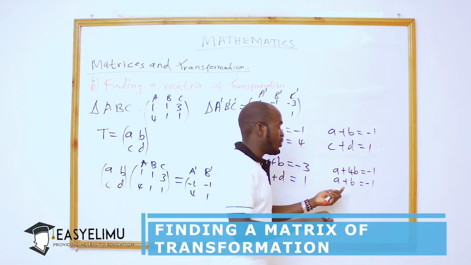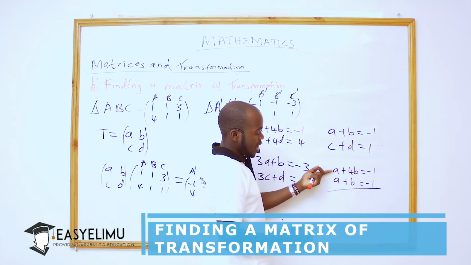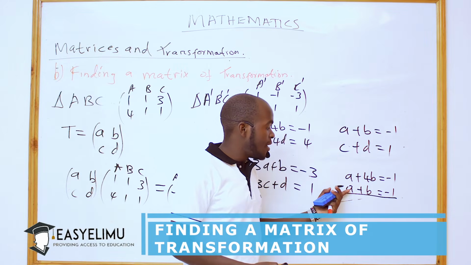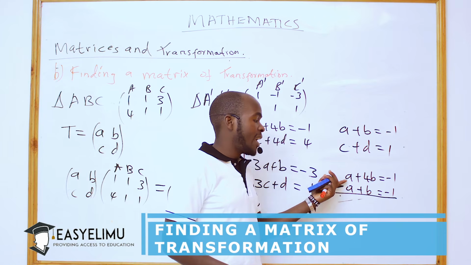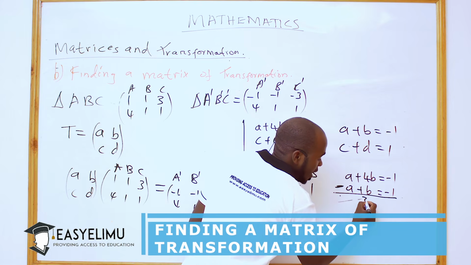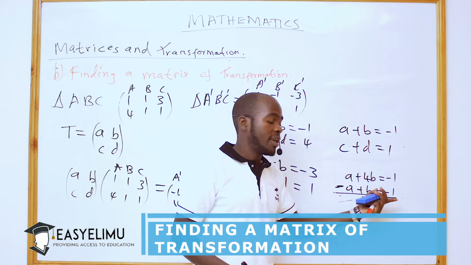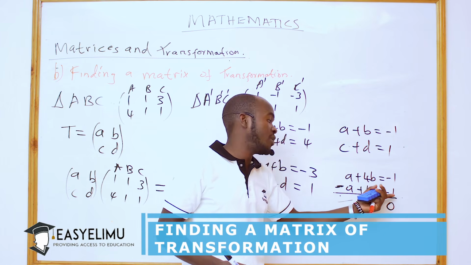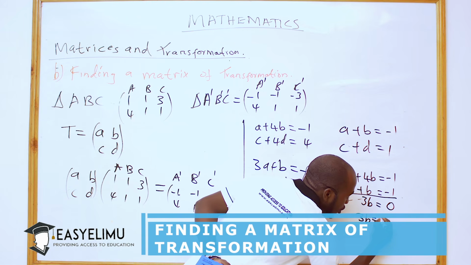To eliminate A, we need to subtract. Taking 4B minus B gives 3B, and -1 minus (-1) is 0, so 3B is equal to 0.